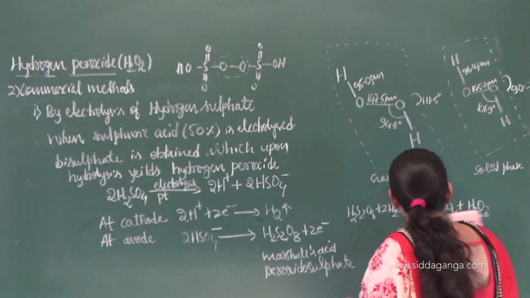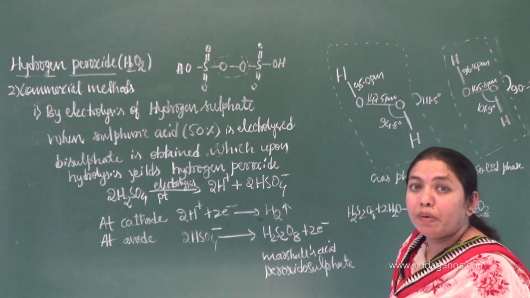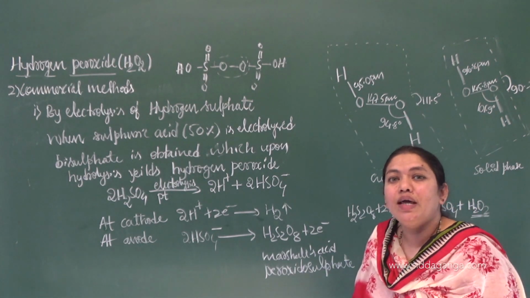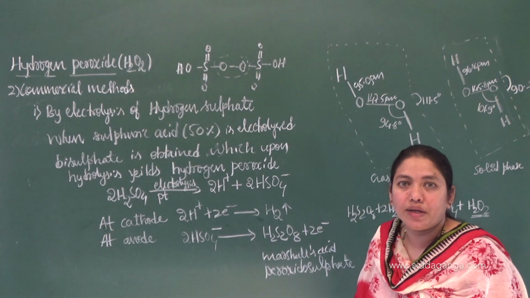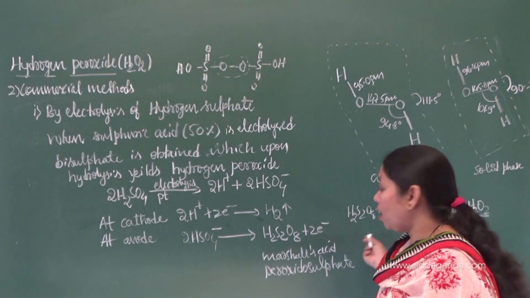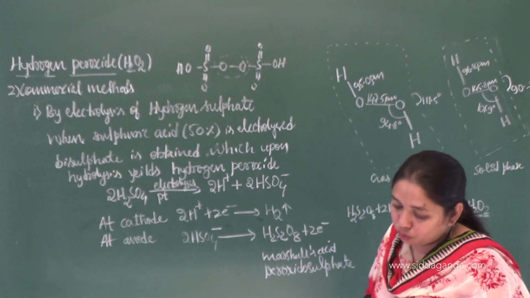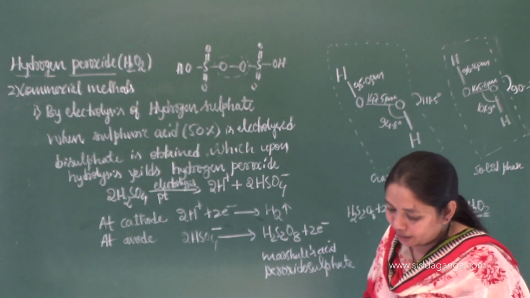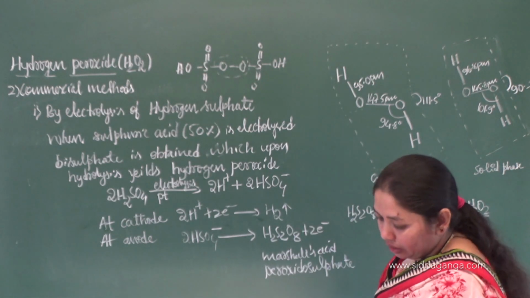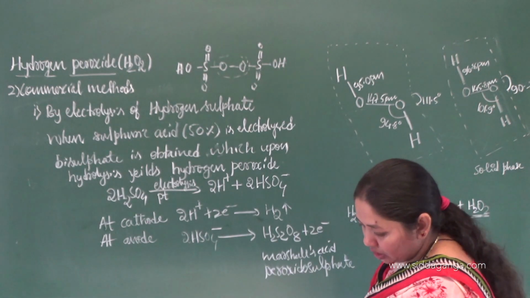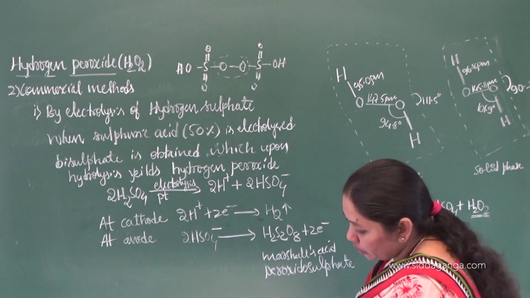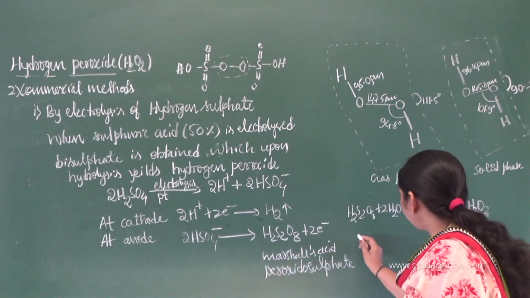Similarly, the same step we can use for the preparation of heavy water compound D2O2 in the laboratory. Heavy water compound D2O2. So how can we do that reaction? That is a very simple reaction.